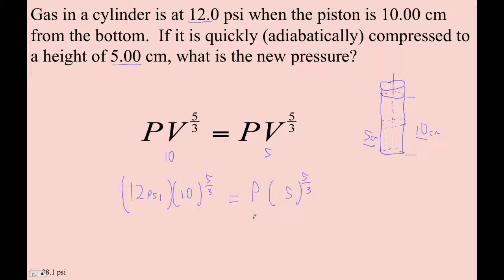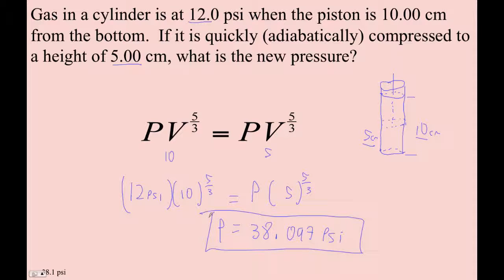So 12 times 10 raised to the parentheses 5 divided by 3, divided by 5 raised to the parentheses 5 divided by 3. And I'm getting that this pressure is 38.097 psi. Notice that whatever these units are, those cancel out because I go this divided by that, and then I end up with psi as my units, which is just fine.